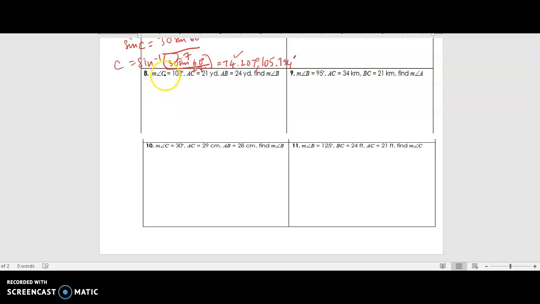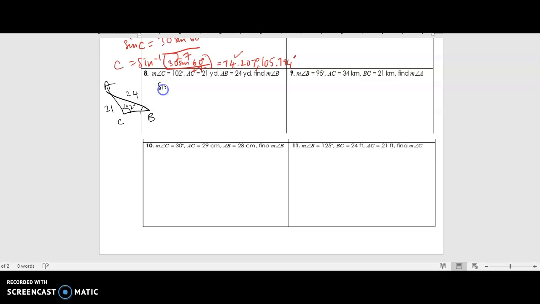So let's look at drawing it this way. So this is our angle C, which says 102, and A, B, C. Let's name the others. So AC is 21 yards and AB is 24. We need to find angle B. So let's see how this will go.